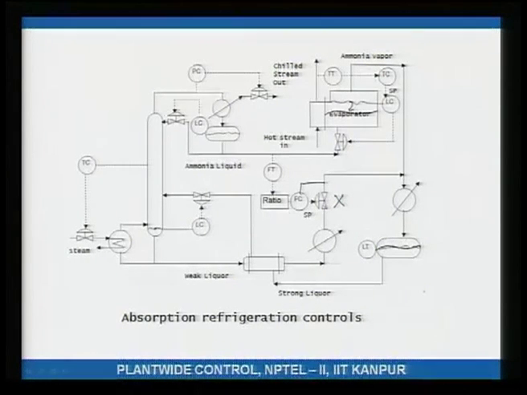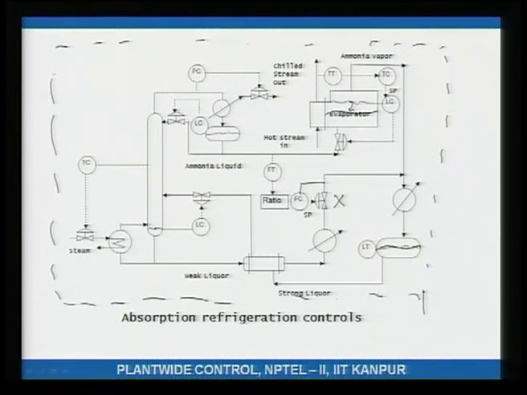The explanation for that is, if you look at the overall system, the process flows in and out are, here is the hot stream and here is the chilled stream that goes out.